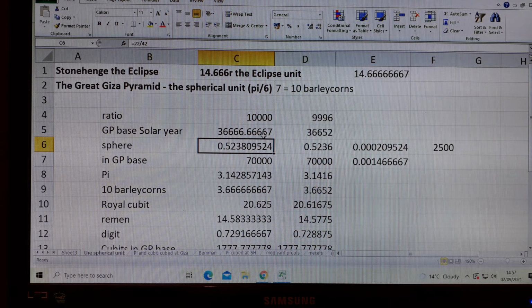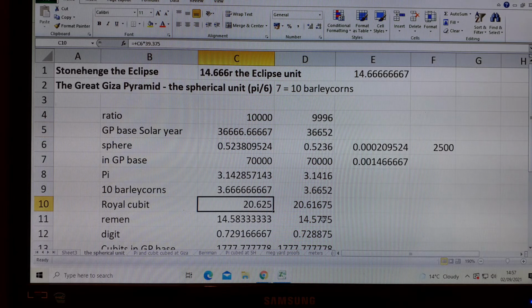So what we're finding is that we're getting 7,000 in the base when we use this, and when we use the barleycorn, we're getting this ratio. So there are 100,000 barleycorns in there, and there are 70,000 of these units in there, and that's how it's working, and that's why we know it's working.